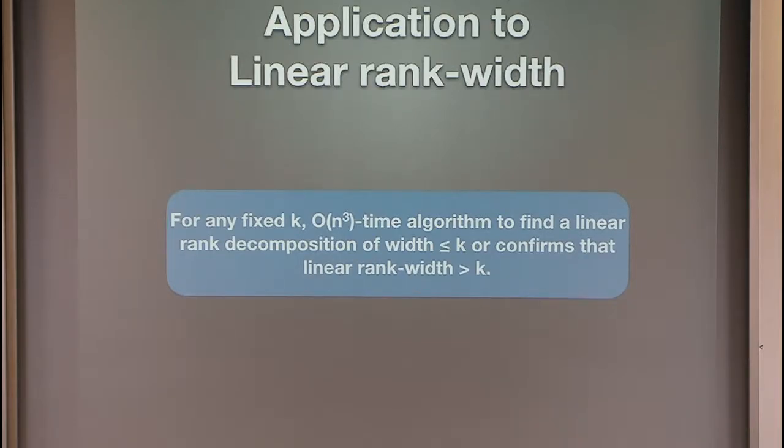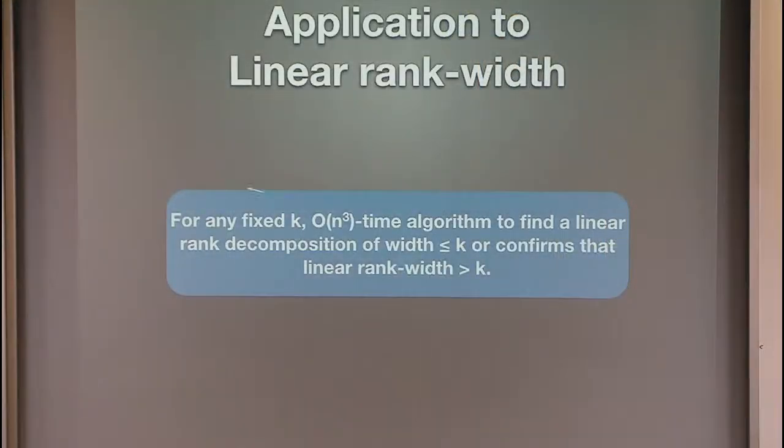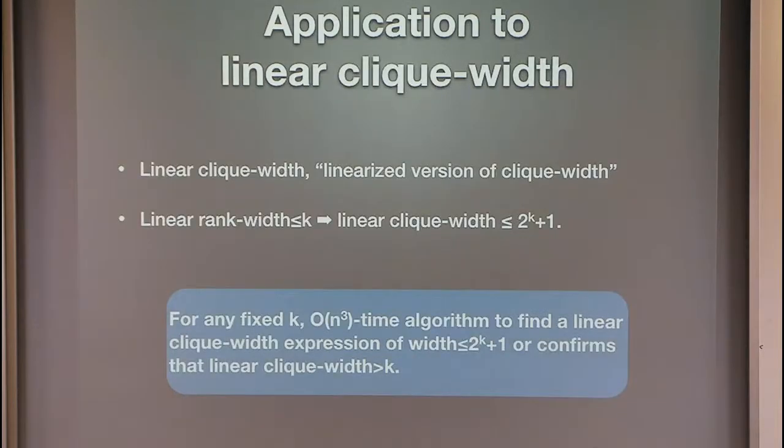The first algorithm for two problems. One is an exact FPT algorithm for linear rank-width, which is like a linear version of rank-width. And another is the first FPT approximation for linear clique-width, which is like a linear version of clique-width.